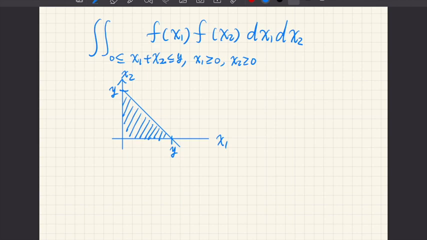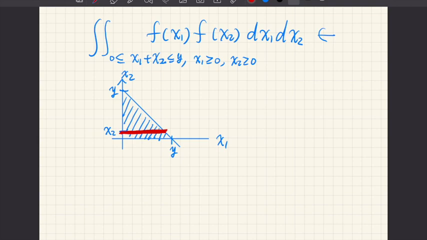Okay, we want to evaluate this integral, but there are two variables. So there are two things that are moving, and that's hard to deal with. So it's easier if we fix one of these variables. Let's say we fix the value of x2 at this point, and consider only a one-dimensional integral over this region.